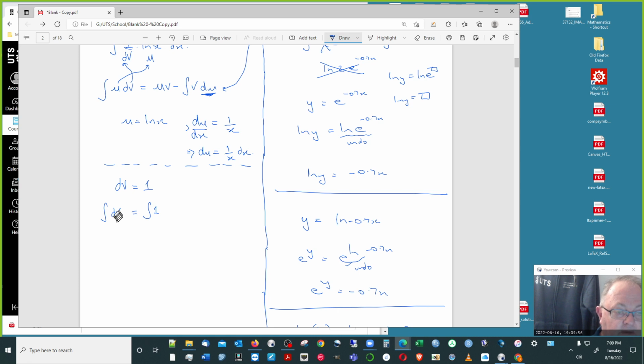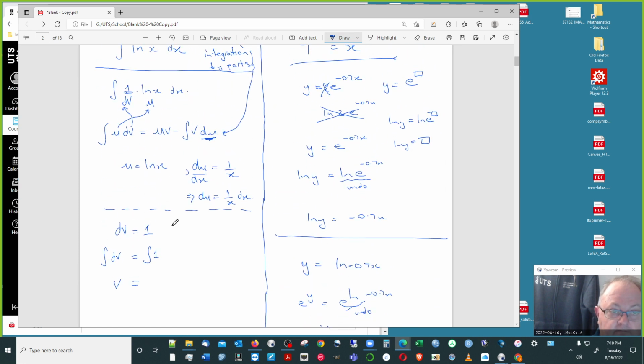So what I'll get here, if I integrate dv, I'll end up with v. And over here, v will be equal to... now have I made a mistake there? No, I think everything's okay. I'm just hesitating because my v is v, which is a bit unusual.